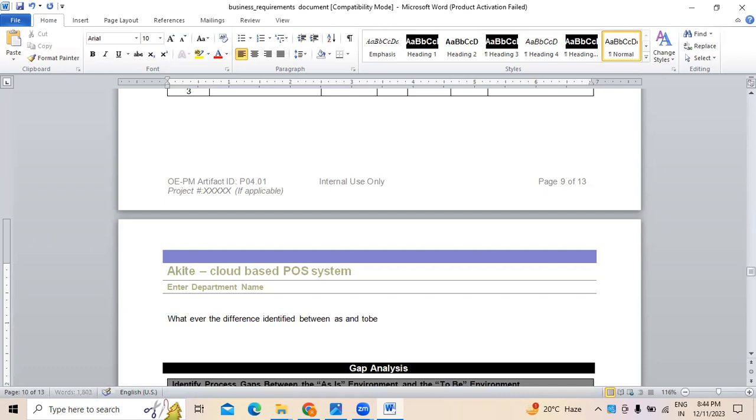Okay, what does as is mean? As is is nothing but the existing system. To be is nothing but the proposed system. What is it that we are going to develop? Okay.